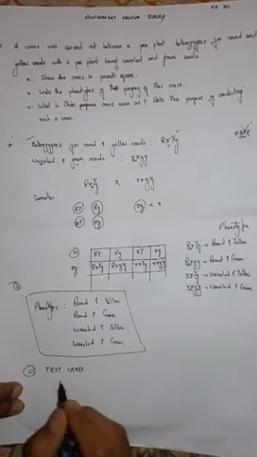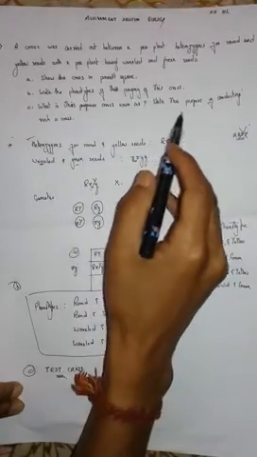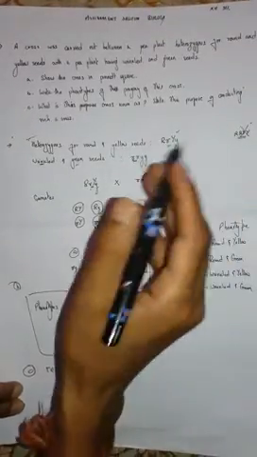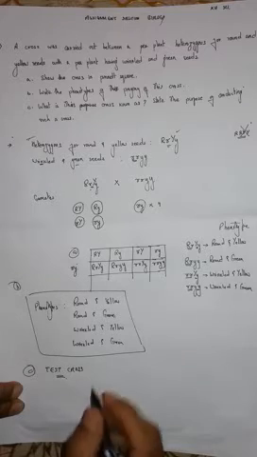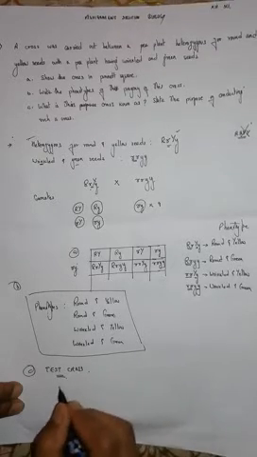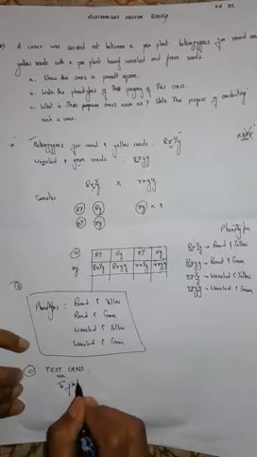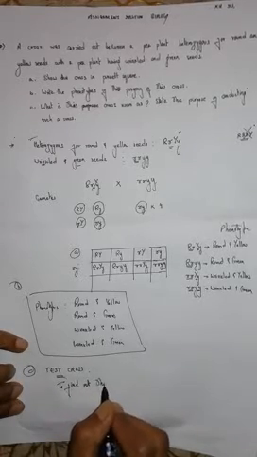So the name of the cross is test cross, and state the purpose of conducting such a cross. Now why are we performing such a cross? To find out the unknown genotype of the F1 offspring.